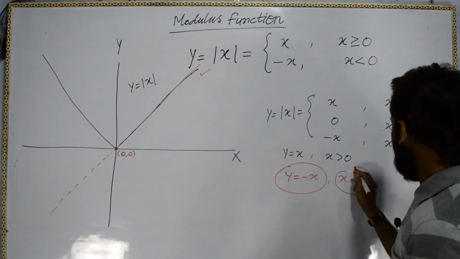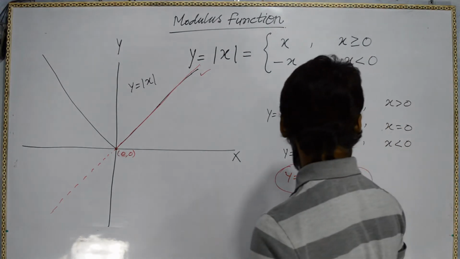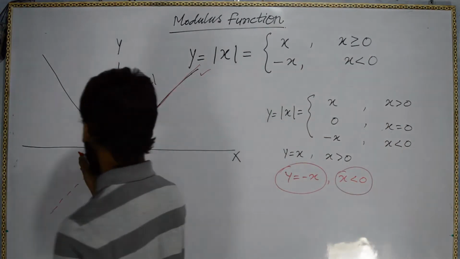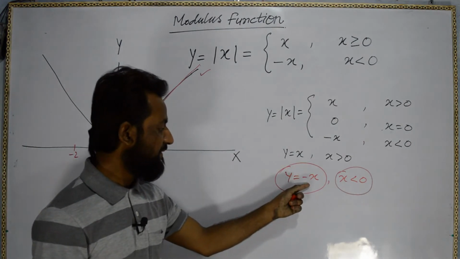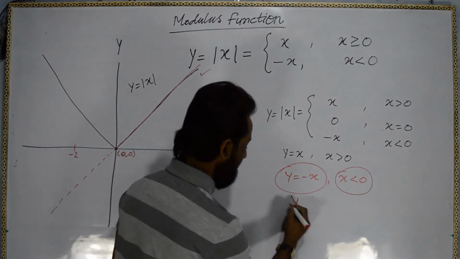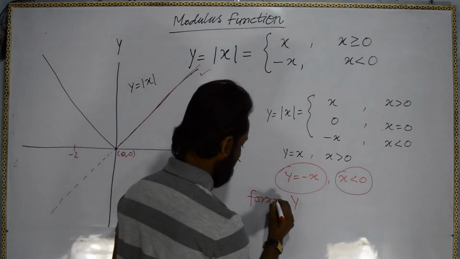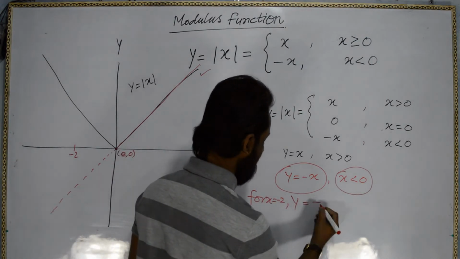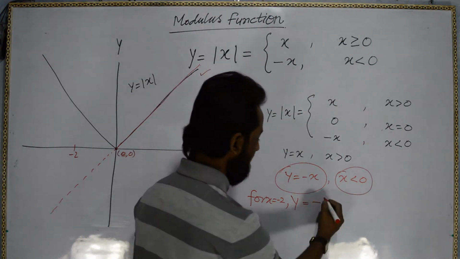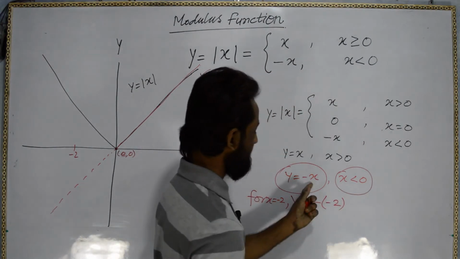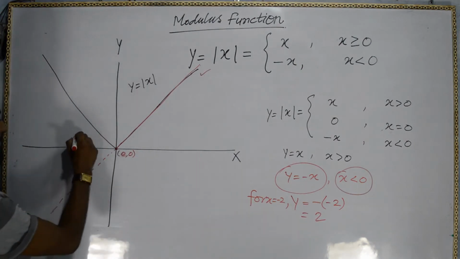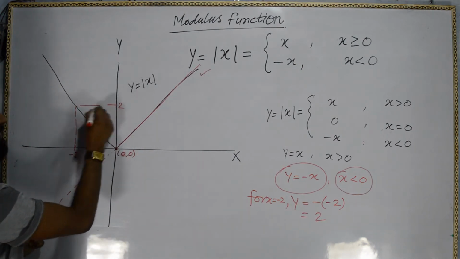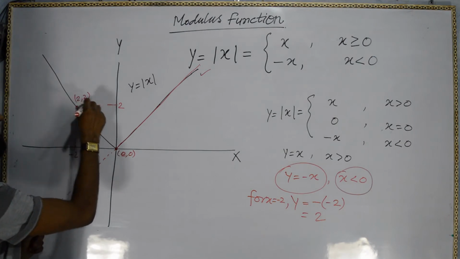Why? Because x is already negative. If we put x equal to -2 somewhere here, then according to this, y will be minus, already one minus is here, and then the x value is -2, so it will become +2. So that's why it is taking +2 values, so it will be 2, 2.